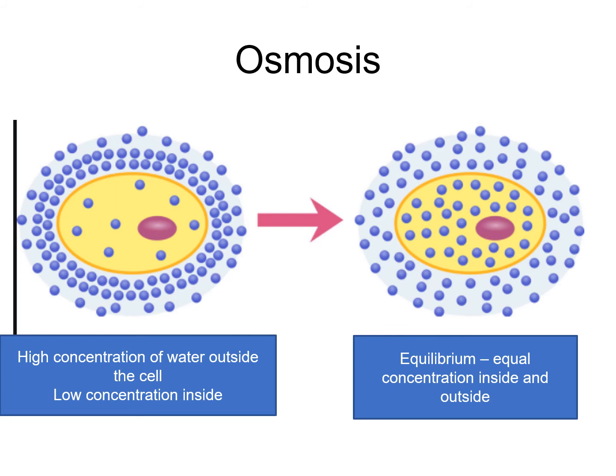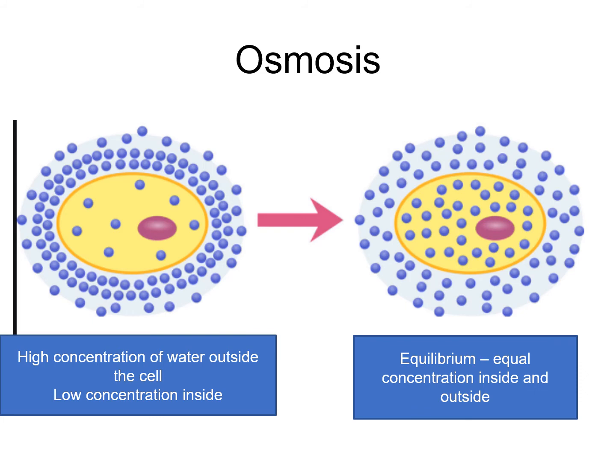And over time, the water particles diffuse from the area of high concentration outside the cell to the area of low concentration inside the cell. And that will keep happening until we've got overall an even concentration of water in the tissue fluid outside of the cell and the fluid on the inside of the cell in the cytoplasm.